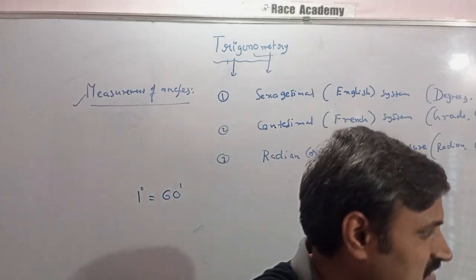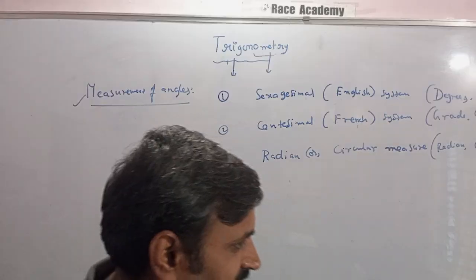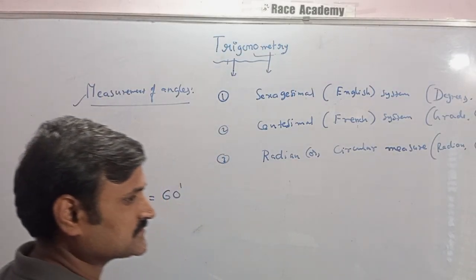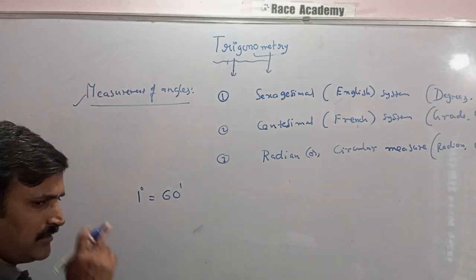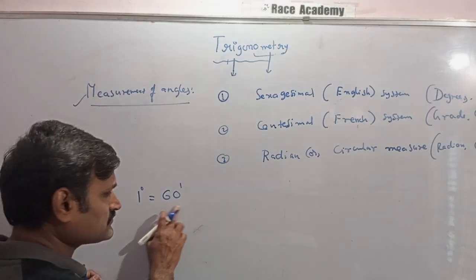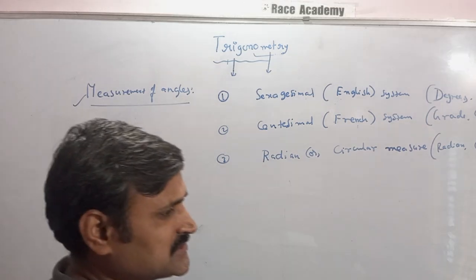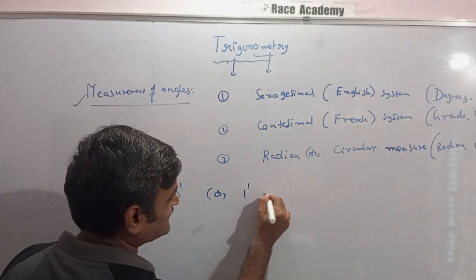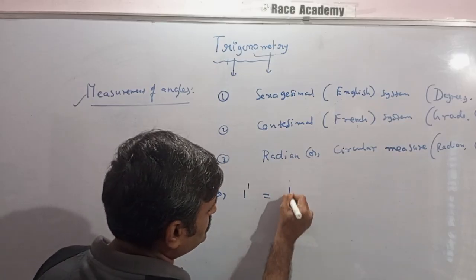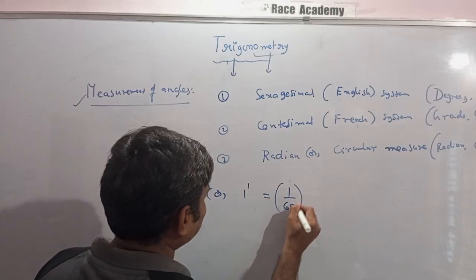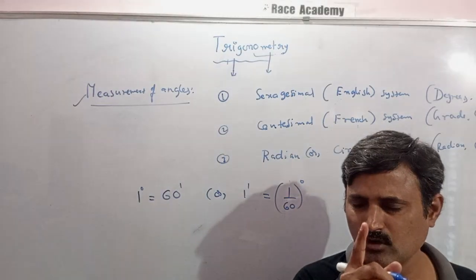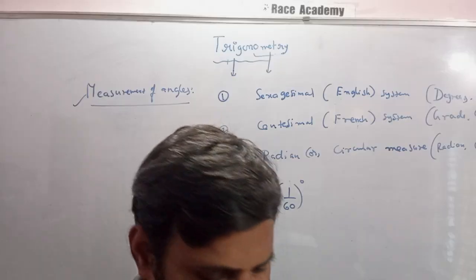So a degree is divided further into 60 parts, and each part is indicated as a minute. It means 1 minute is equal to 1 by 60 degrees.